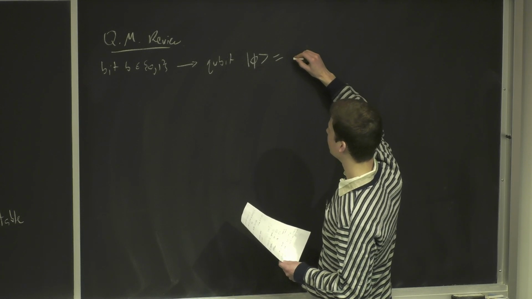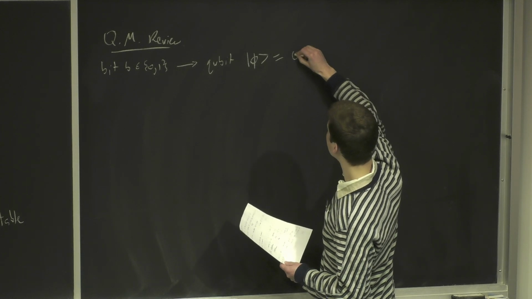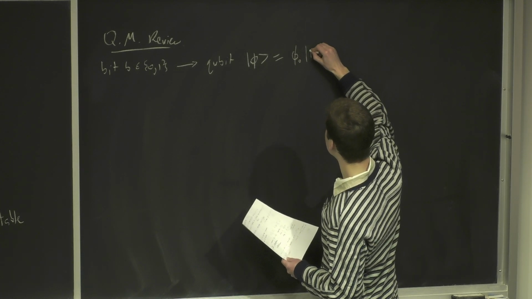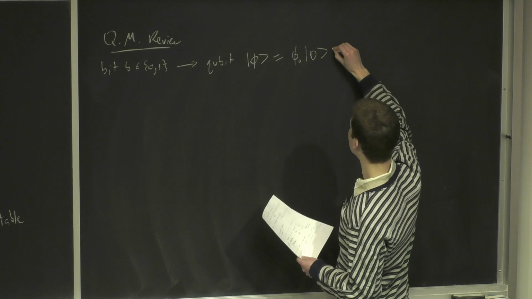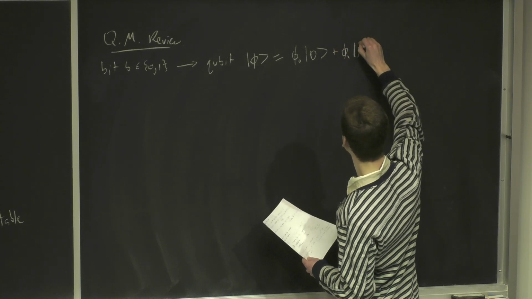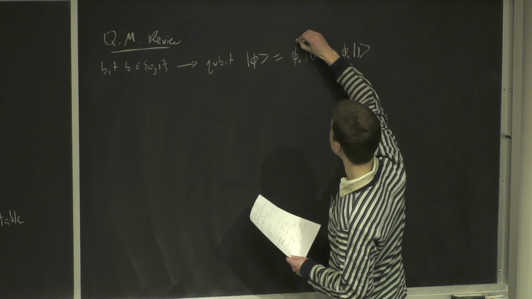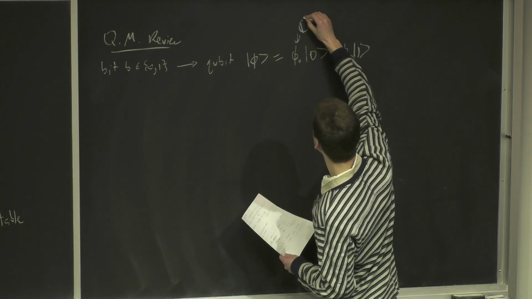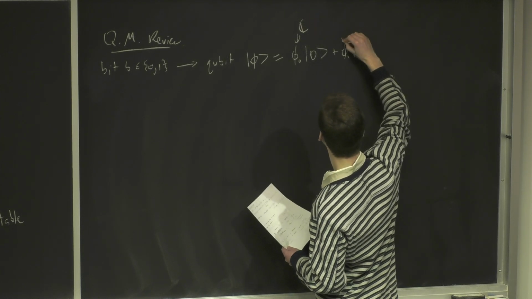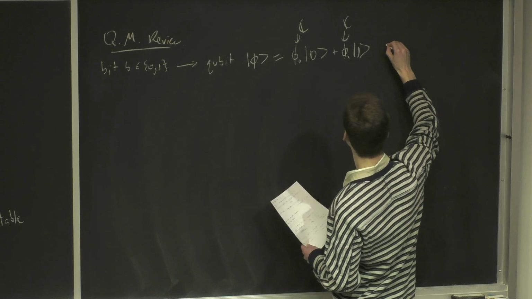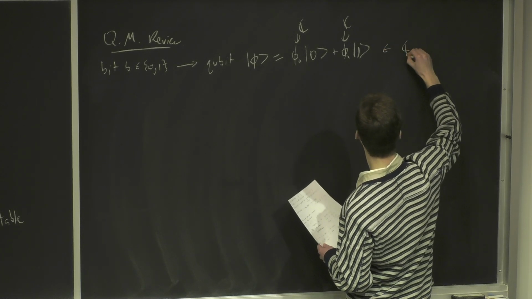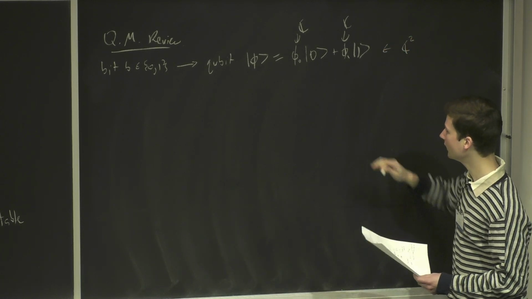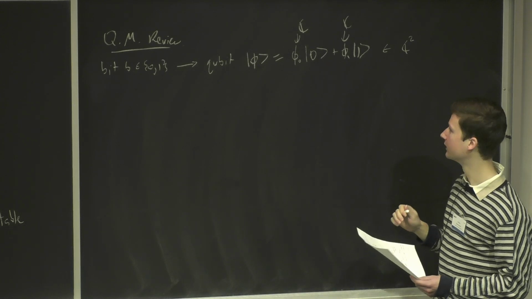A qubit is actually a two-dimensional complex vector. So it's a linear combination of these two basis vectors, which we write as ket0 and ket1. These coefficients phi0 and phi1 are in C, they're complex numbers, and this vector lies within C2. So ket0 and ket1 are two basis vectors.